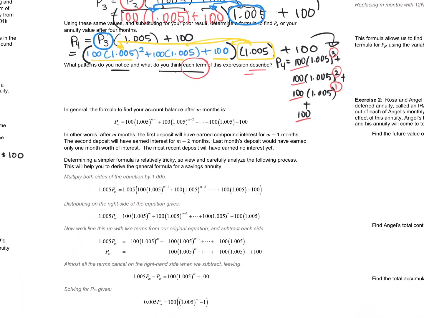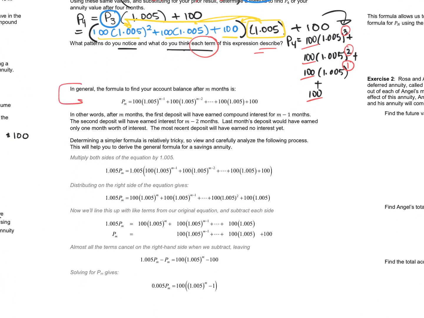And so if you look in general here, you can see that the writing looks really similar. We got all these hundreds going on, and you can see that we have that 1.005 to the m minus 1 and then m minus 2, like they're decreasing, just like we had 3, 2, 1 here. This is just saying in general after m months. So we only went to P4.